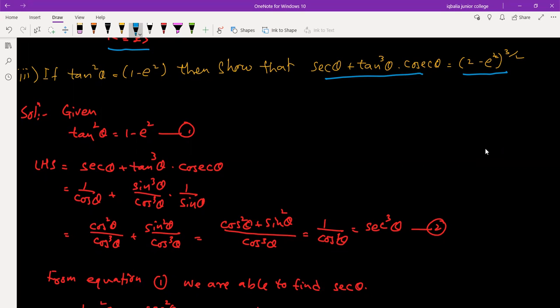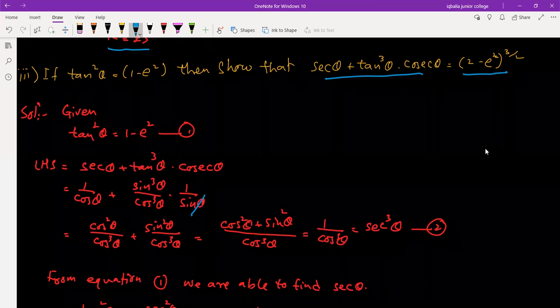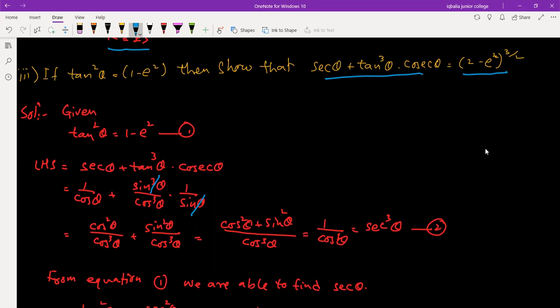So here one sine and one sine will get cancelled. So here I will have sine square, and if I'm taking LCM here, then I have to multiply cos square in the numerator. Then here we will have cos cube theta. Then I will take common here, then I will have cos square plus sine square theta over cos cube theta.